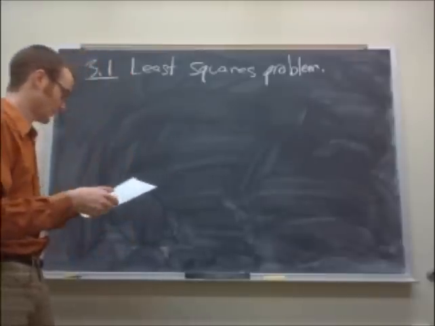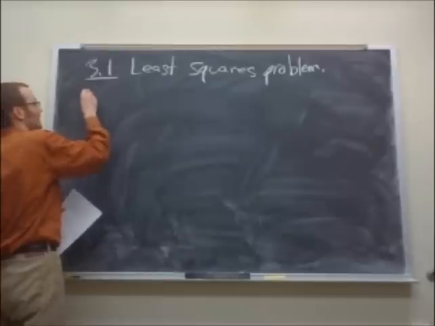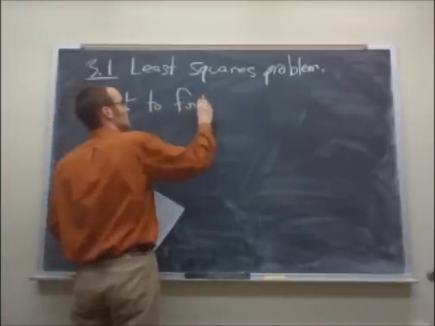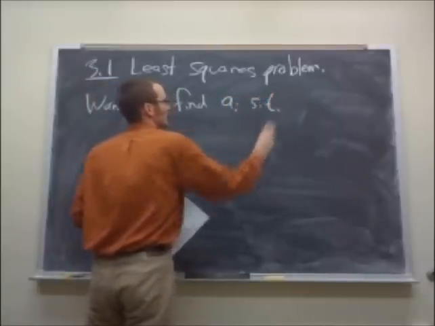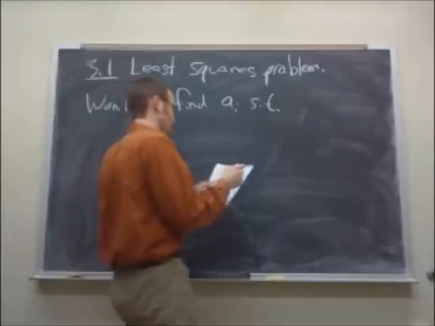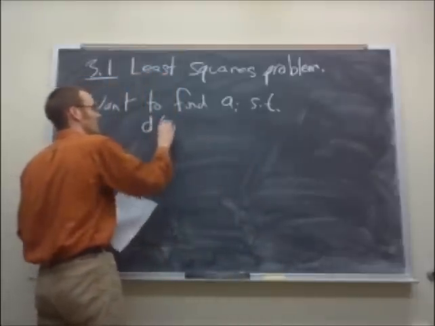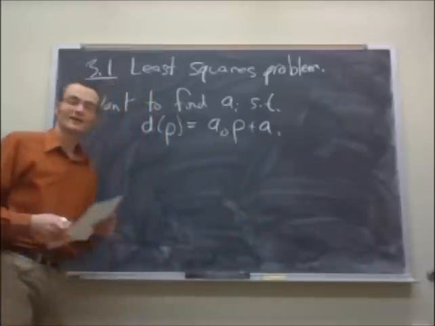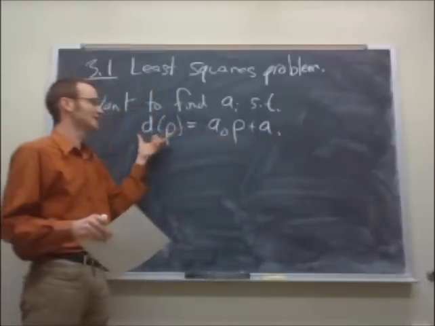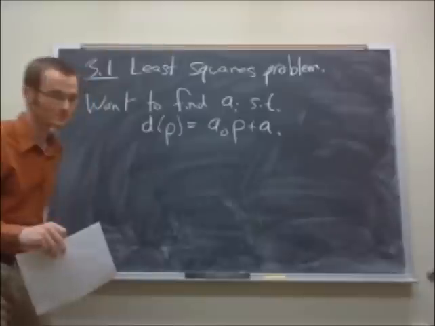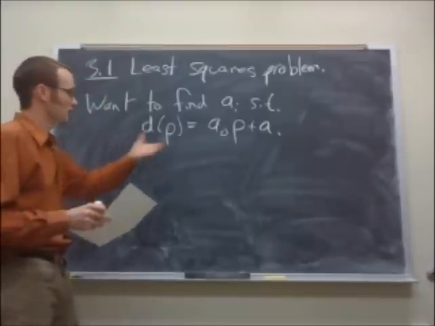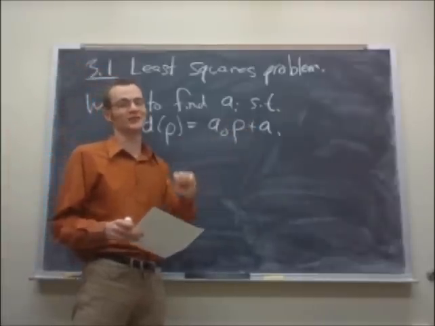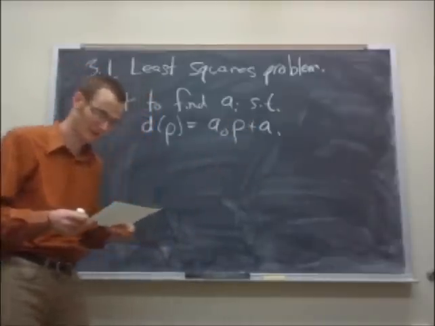So let's say you want to find a_i such that d of p is equal to a0 p plus a1. We want to say that density is a linear function of pressure. This is a perfectly great problem, but 500 data points is a lot more than you can use to directly find a0 and a1.